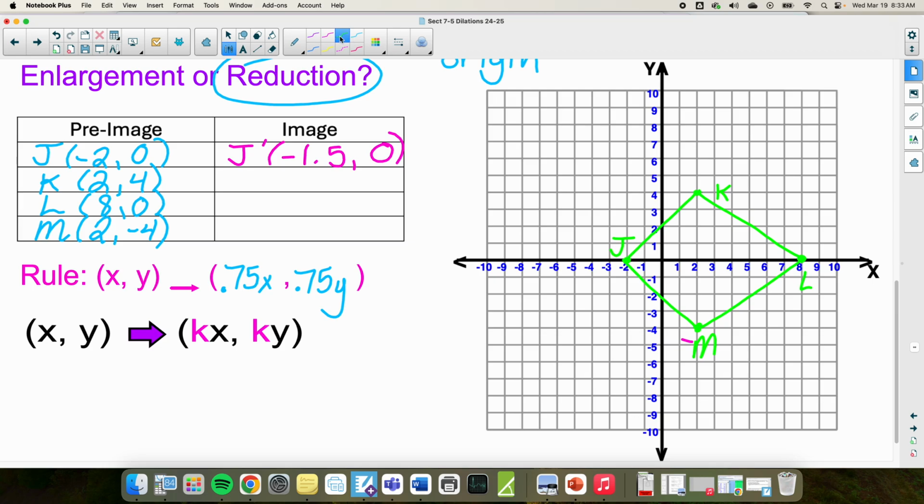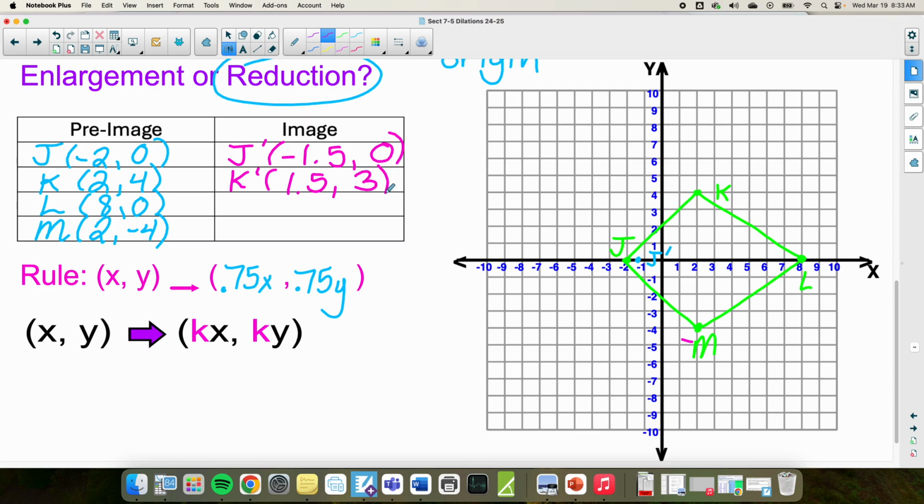But now I'm gonna plot this new point, which is -1.5,0, which is right here. And then I'm gonna label that J prime. Okay? Now I'm gonna go back here and multiply 2 and 4 by 0.75. 2 times 0.75, this is my K prime. 2 times 0.75 is 1.5. 4 times 0.75 will be 3.